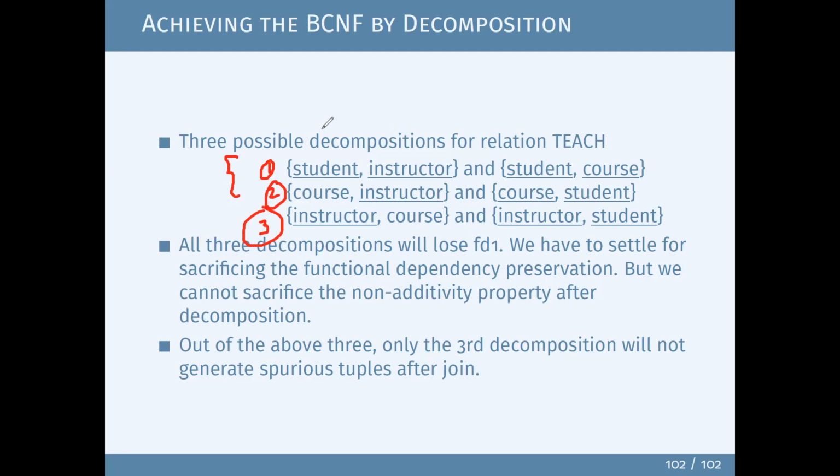So to remove the problem, if you want to achieve Boyce-Codd normal form, you have to break the previous one as instructor course and instructor student in this form. And that's about Boyce-Codd normal form. Okay, good that I have discussed up to Boyce-Codd normal form.